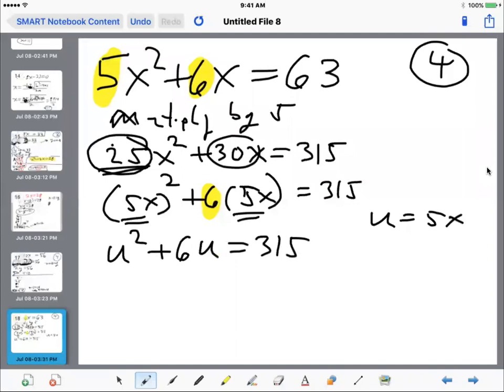I'm just calling it u for now because now it looks more like what we've been doing. Check it out. It is the last type, u plus 6. Now, if you want to replace that u plus 6 with a y, you can. In fact, why don't I do that?